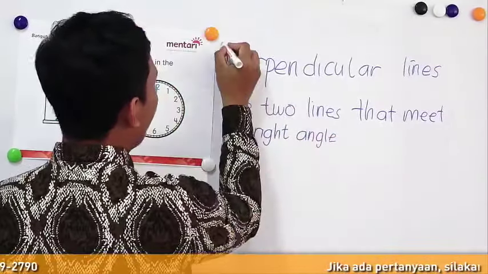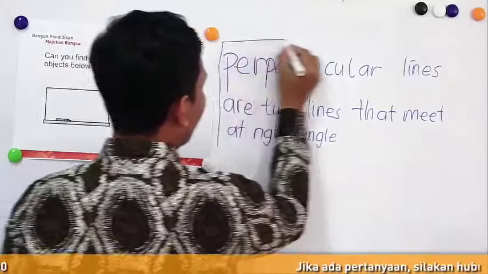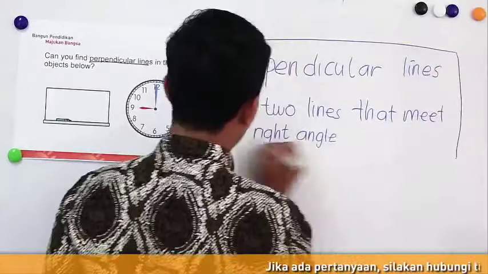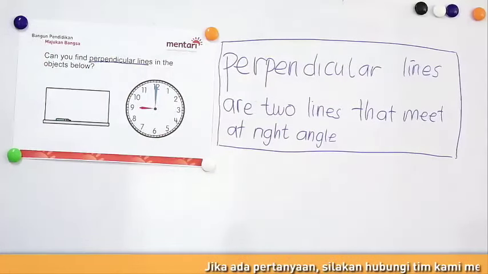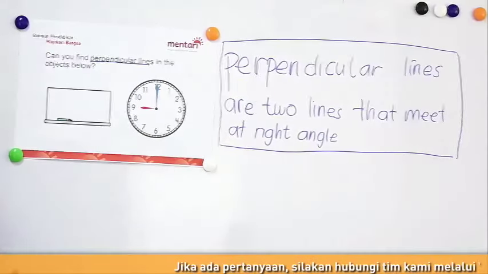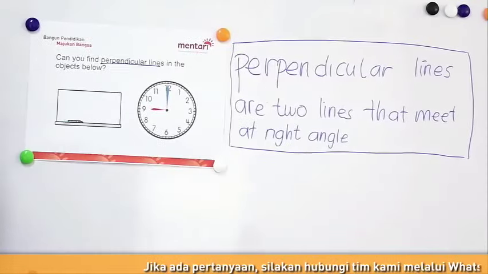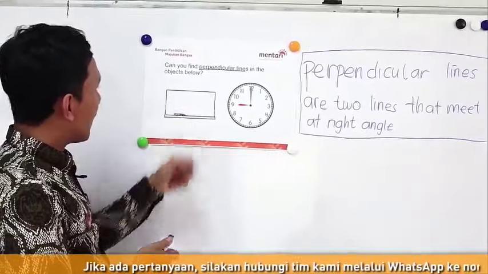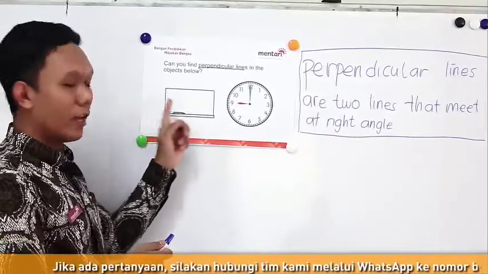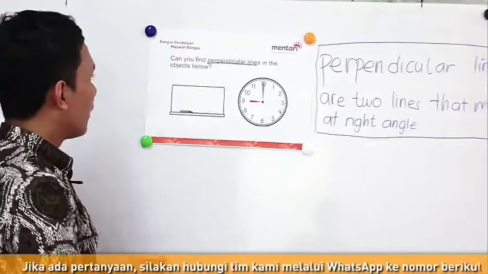This is the key point for these lessons, yeah? You have to understand this. Okay, now go back to the 2 objects that I have shown you. Can you find perpendicular lines in the whiteboard? Yeah?